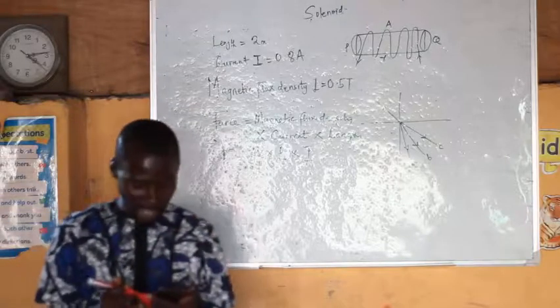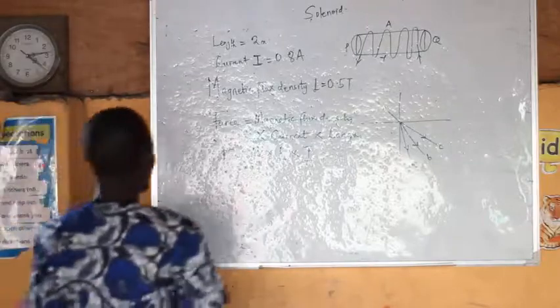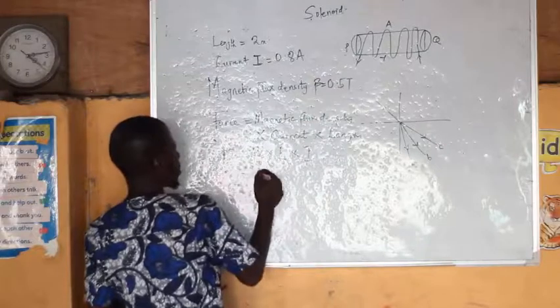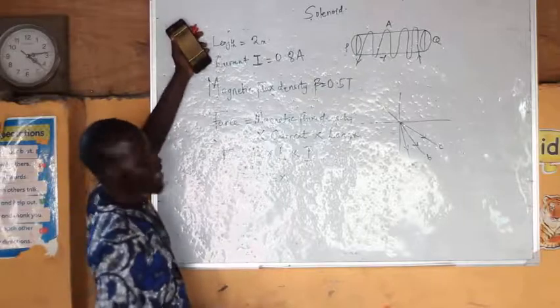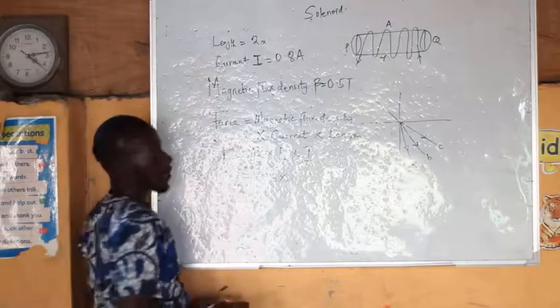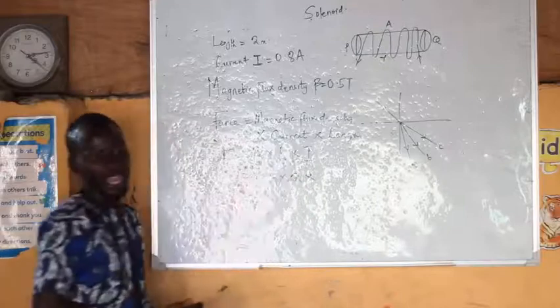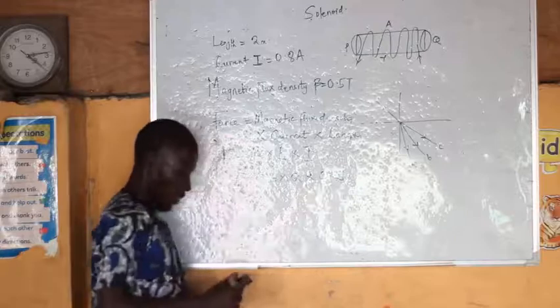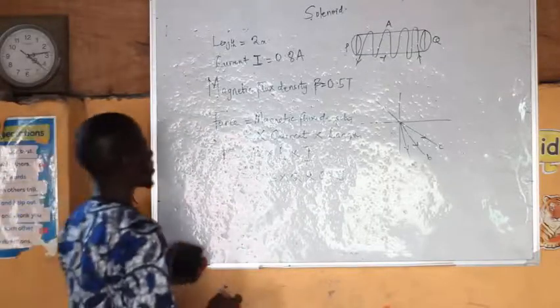Now we can get your values. Your B is 0.5. Your L, which is the length of the wire, is 2, while your I is 0.8.